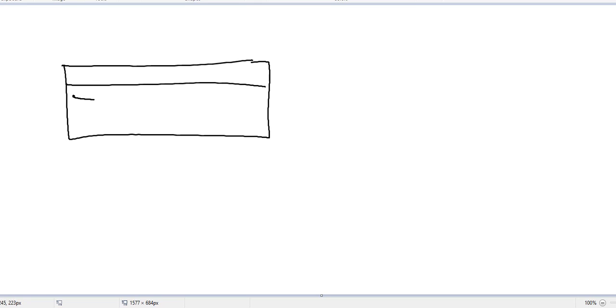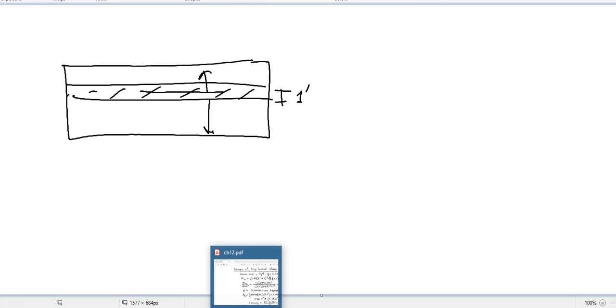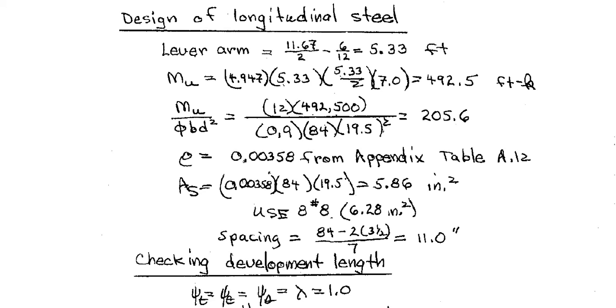You can assume a 1 feet strip. If you use a 1 feet strip, no problem, it is okay. Then whatever reinforcement you get, you copy paste all over it. That is also okay. But in this problem, your problem is assuming 7 feet as your width. So no problem, if you multiply by 7, your moment will be higher, your reinforcement will be higher, but you'll distribute it along the entire width, so no problem.